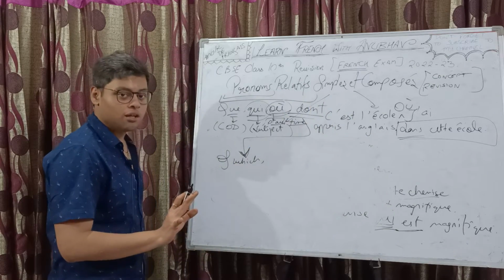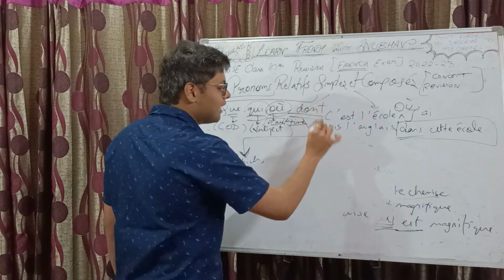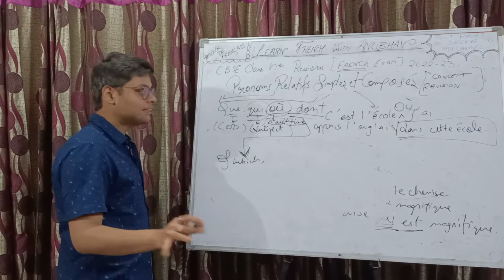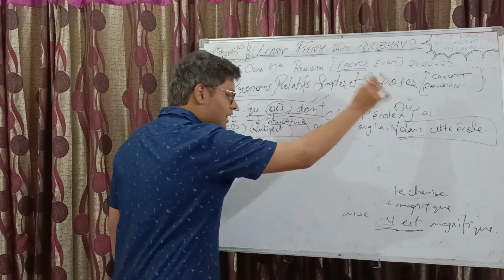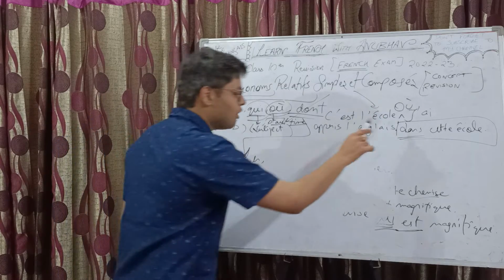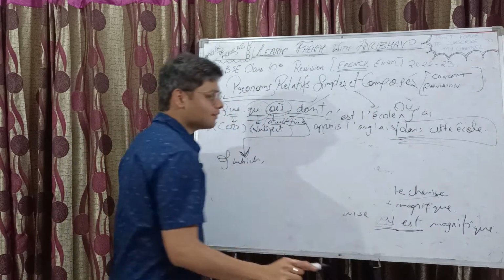Right? No need to write c'est l'école où j'ai appris l'anglais dans cette école. It won't make sense. This is the school where I learnt English in this school. Does that make sense? No, right? You have already used the pronoun for this.